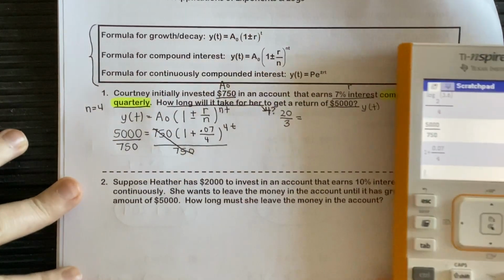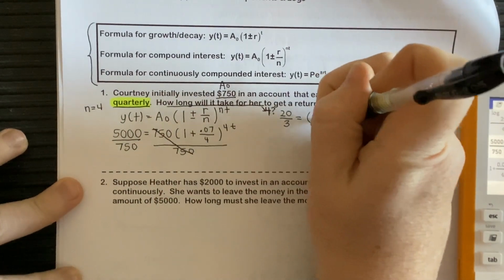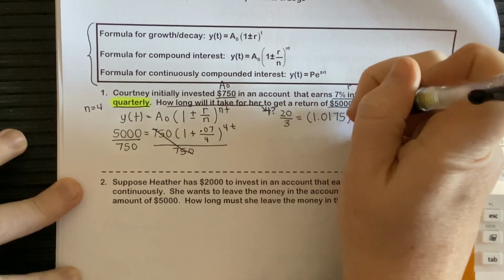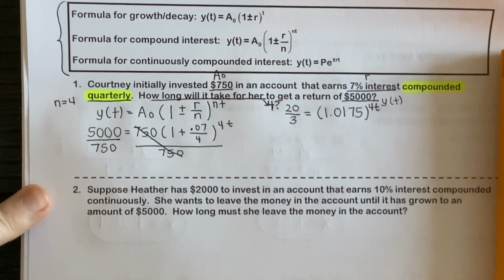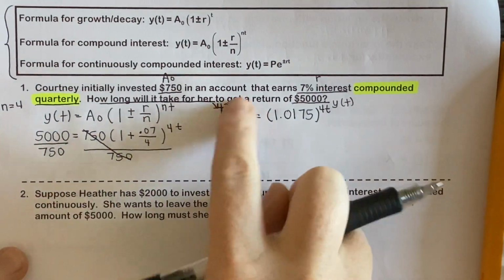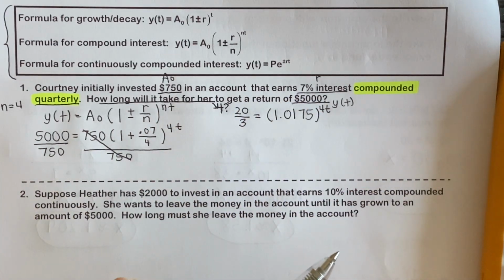So we have 20 over 3 is equal to 1.0175, all raised to the 4t. Now you have an exponential, one term on this side and one term on the other side. Now it's like doing what we did yesterday.